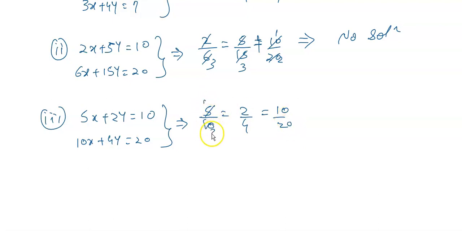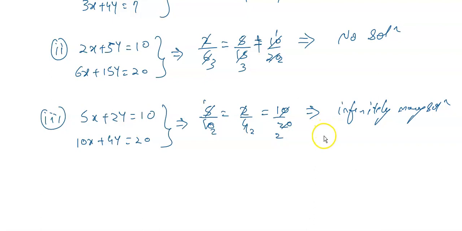So this is 1 by 2, 1 by 2 and 1 by 2. So all three ratios are equal: a1 upon a2 is equal to b1 upon b2 is equal to c1 upon c2. So infinitely many solutions. So which is the correct answer? The correct answer has to be A, C, B. So option C.